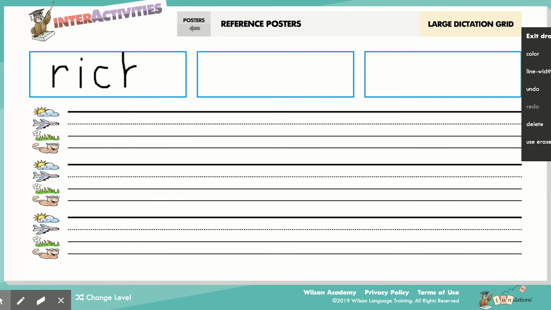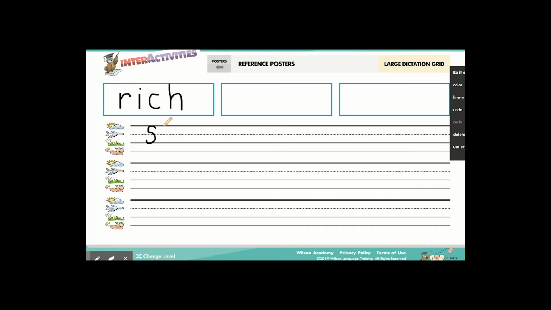She has a rich family. She will begin with a capital letter, start at the first skyline, capital letter for the first letter in a sentence, and do not forget your finger spaces between words.